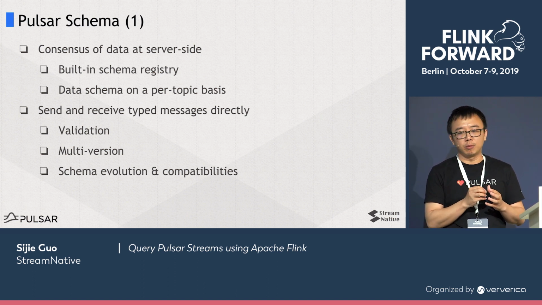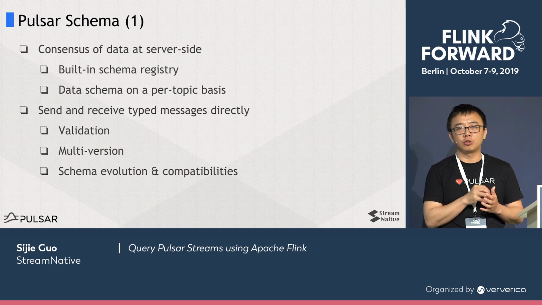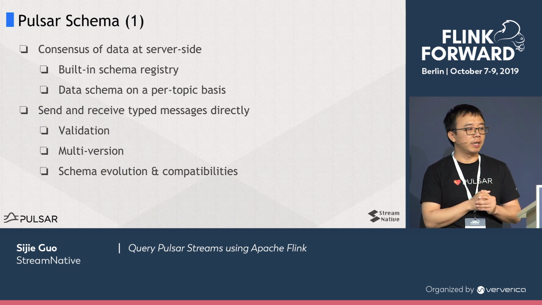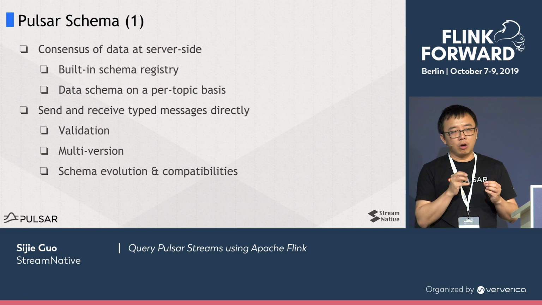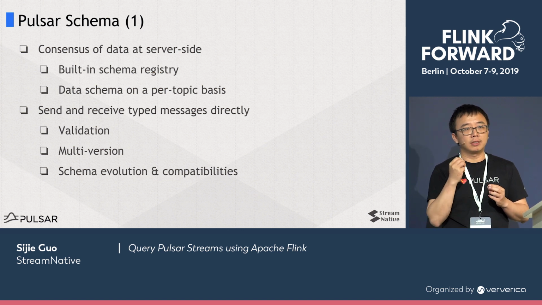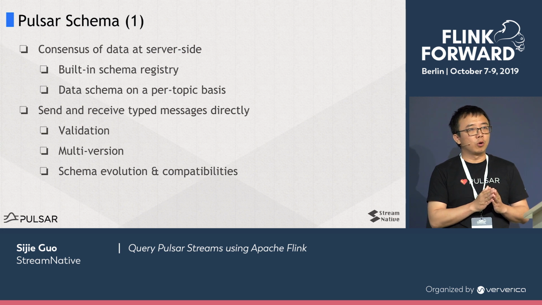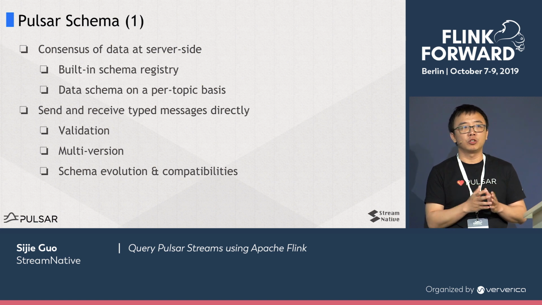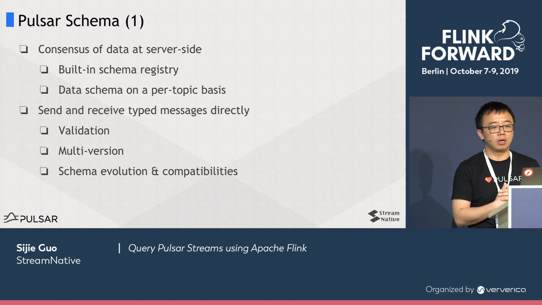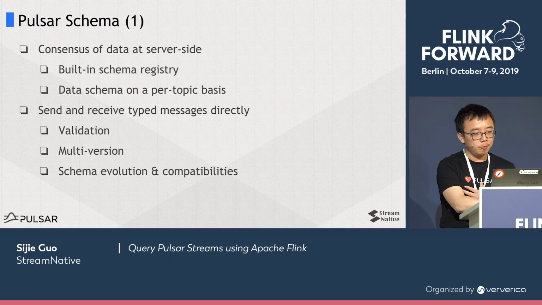The data schema is associated with each topic, so it's on a per-topic basis. All your producers and consumers send data with the schema information. When the broker receives the messages, it does all the validation and manages all the multiple versions of the schemas, and we handle all the schema evolution and compatibility checks.